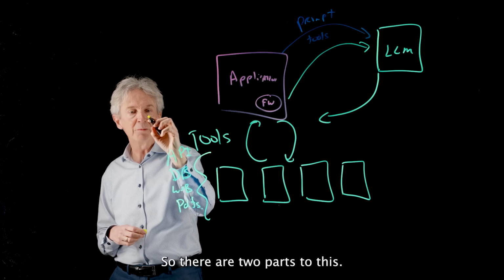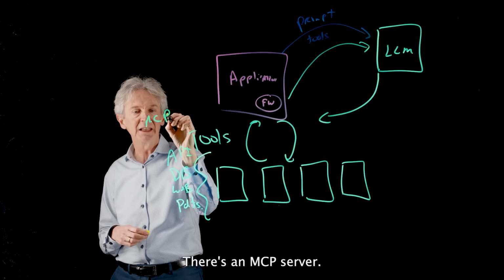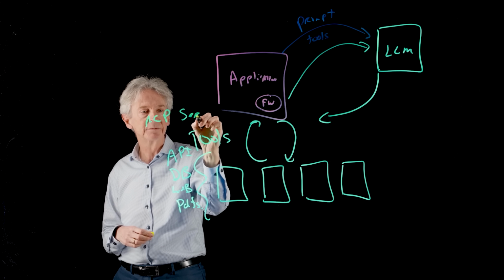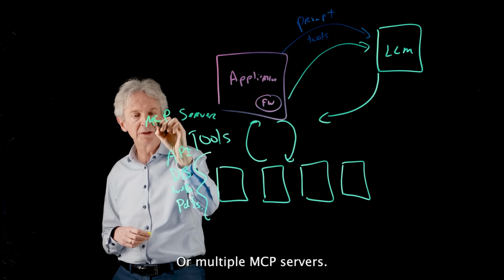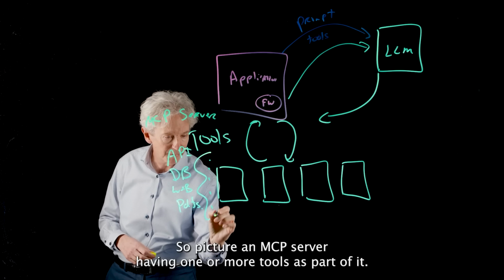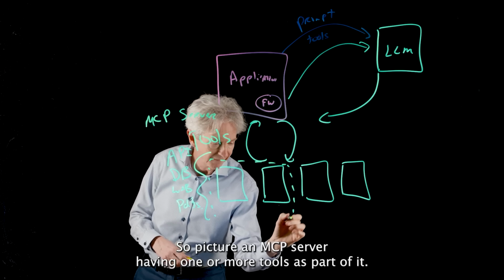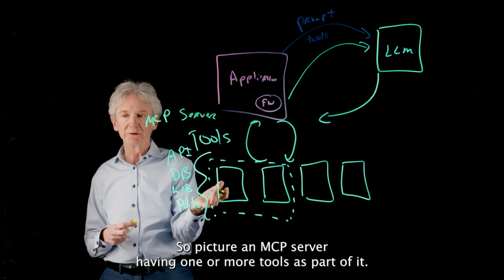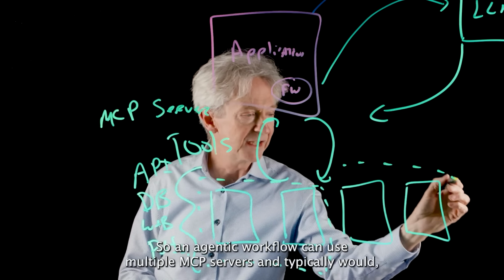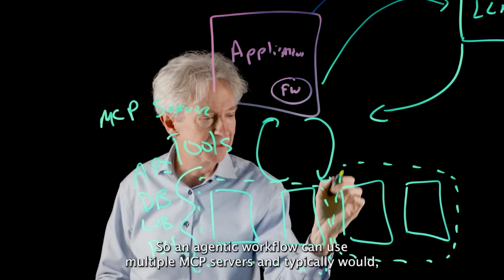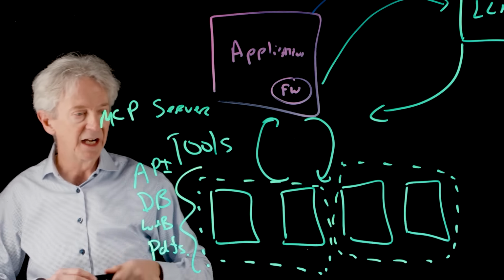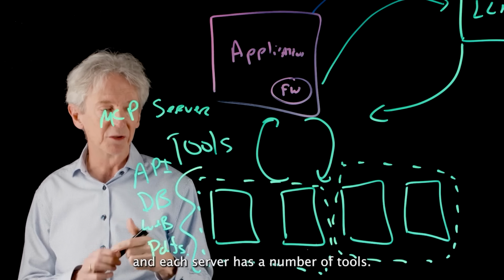So there are two parts to this. There's an MCP server or multiple MCP servers. So picture an MCP server having one or more tools as part of it. So an agentic workflow can use multiple MCP servers, and typically would. But each server has a number of tools.